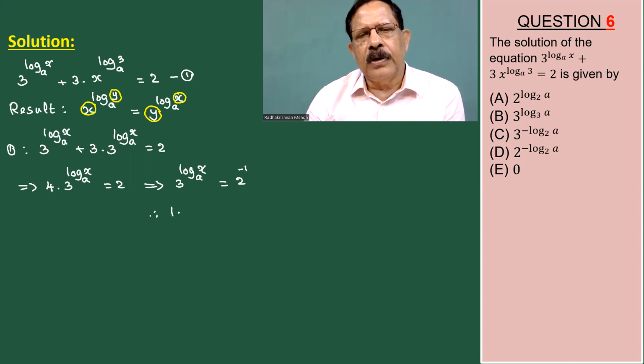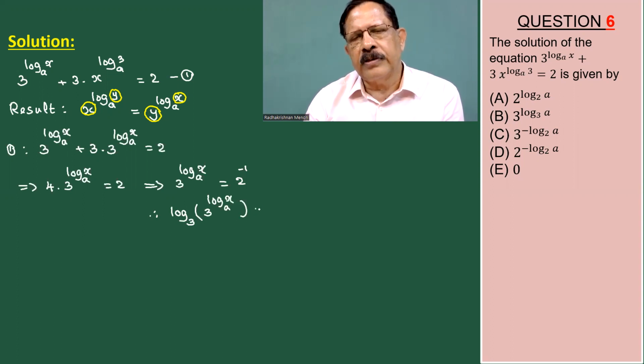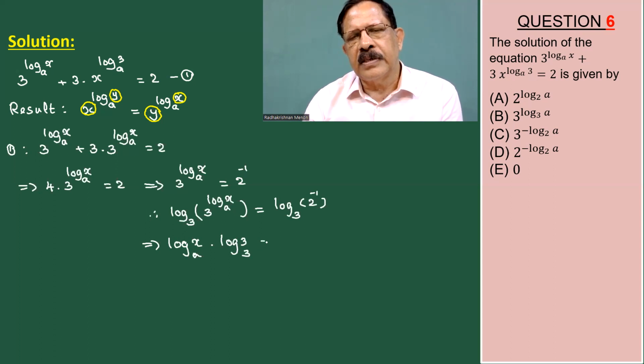Therefore, log to the base 3 of 3 to the power log x to the base a is equal to log to the base 3 of 2 raised to minus 1. By using the property of logarithm I am simplifying. This is equal to log x to the base a into log 3 to the base 3 is equal to minus log 2 to the base 3.